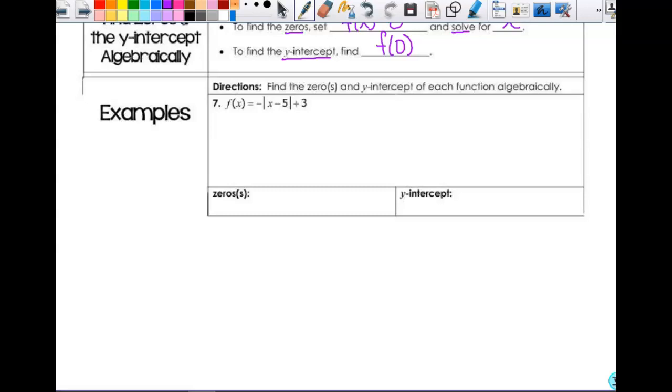So I'm going to start with the zeros. To find the zeros, I set f of x equal to 0. So 0 equals negative absolute value of x minus 5 plus 3. I need to solve for x. I'm going to move this whole term over to the left to make it positive, so I get the absolute value of x minus 5 equals 3. Since it's an absolute value problem, I have two answers: x minus 5 can equal 3, or x minus 5 can equal negative 3, because if I take the absolute value of negative 3, I get 3.